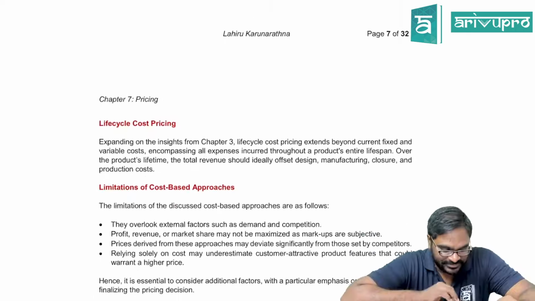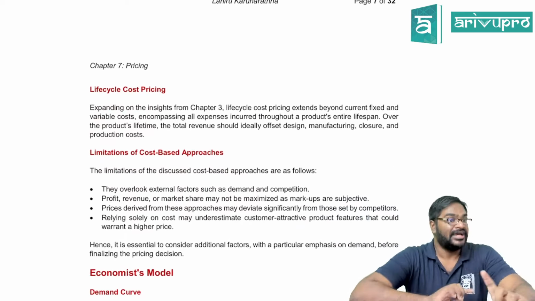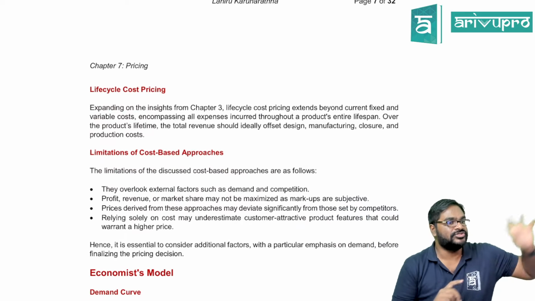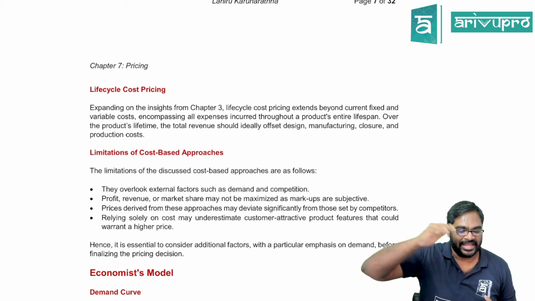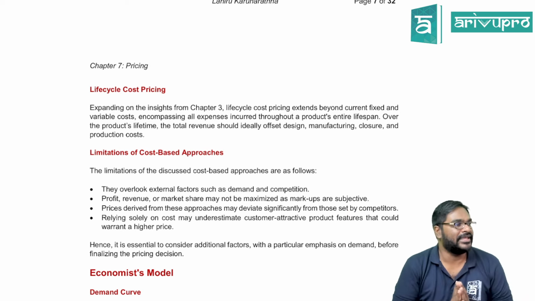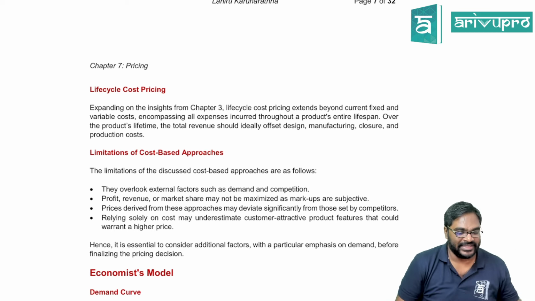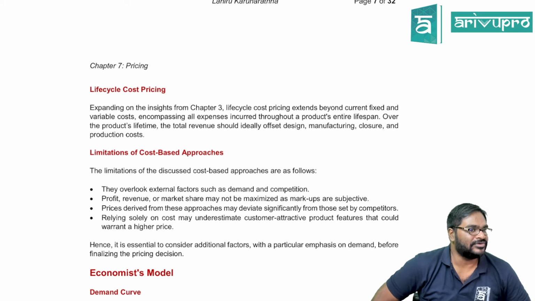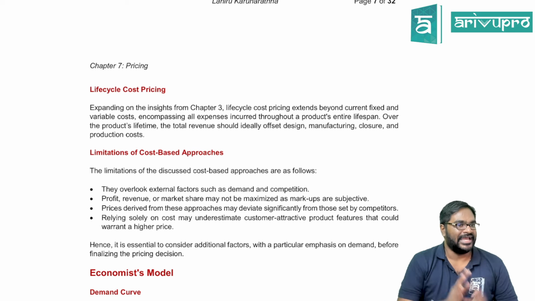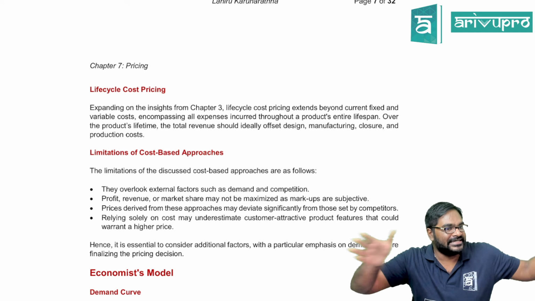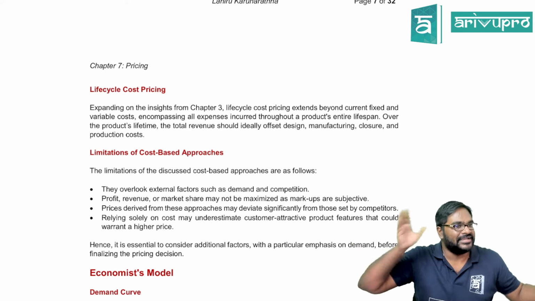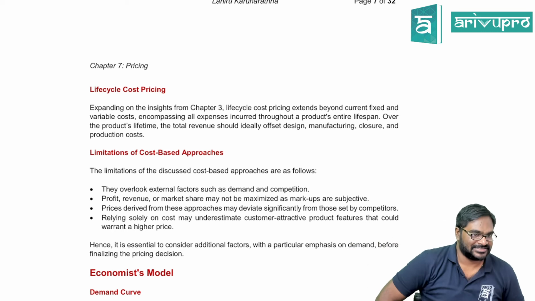Right. Now the topic is how to use life cycle costing in pricing and what are the limitations of doing the same. If we take life cycle costing, now we know what it is, right? Life cycle costing was all about considering the entire life of the product, and based on that we assess the cost.